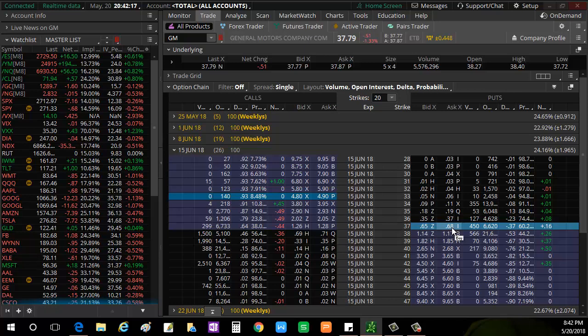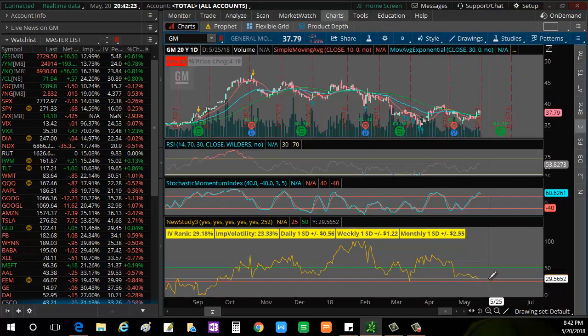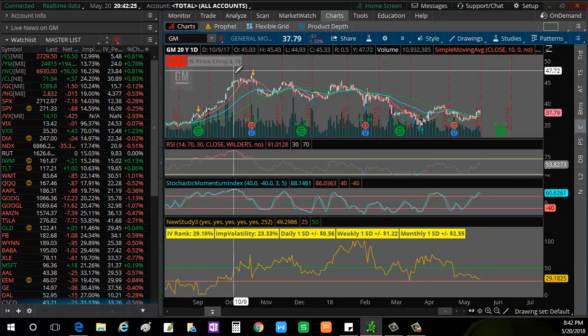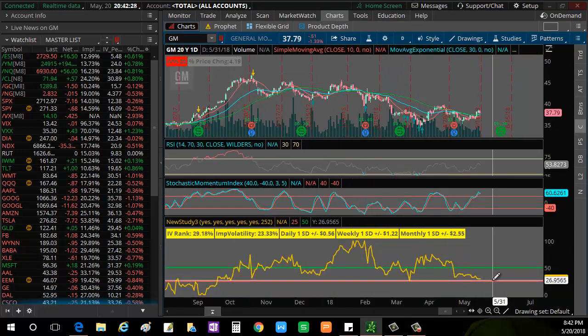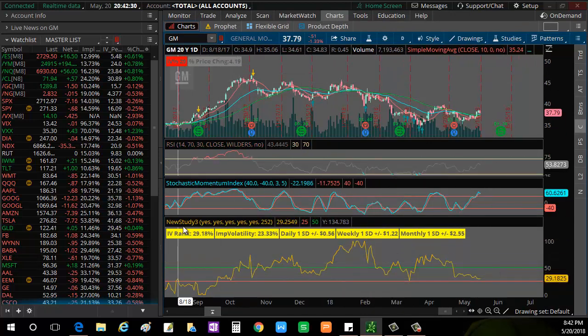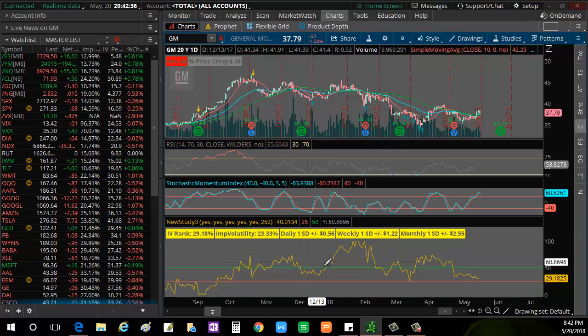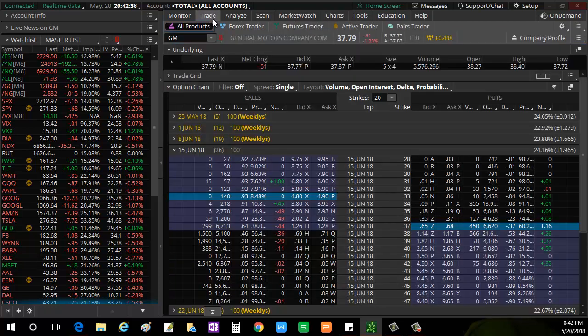Obviously, if premiums are high, you want to sell, and if premiums are low, you want to buy. And that's exactly what this tool indicates to you without having to look at implied volatility any more than just looking at this tool. It's telling you that 71% of the time premiums are higher, 29% of the time premiums are lower. So in this instance, I'd want to be a net buyer of options.